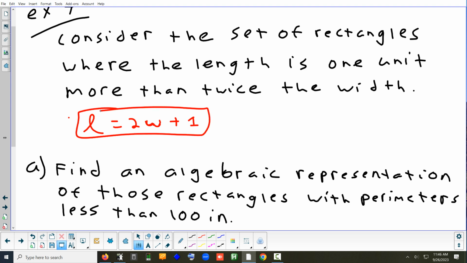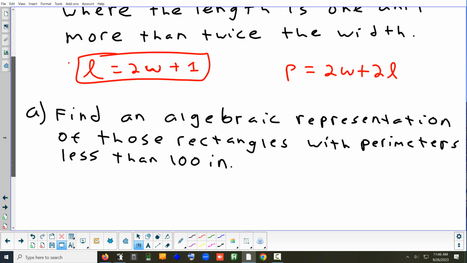It says find an algebraic representation of those rectangles with a perimeter less than 100. So we're also going to need the formula for perimeter of a rectangle. What's the formula for perimeter of a rectangle? Yep. 2 times width plus 2 times length.